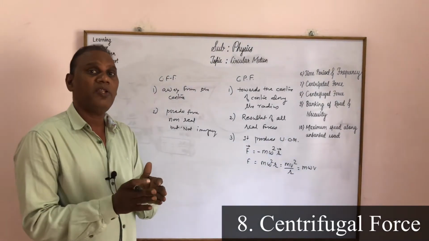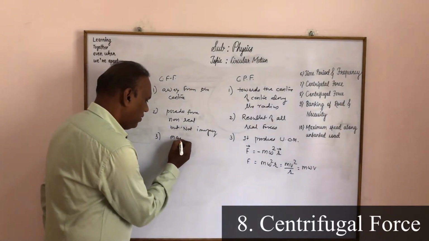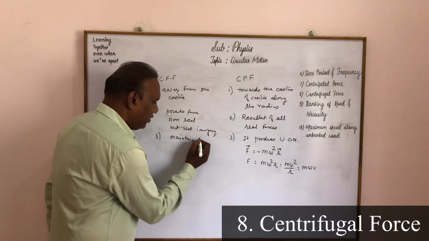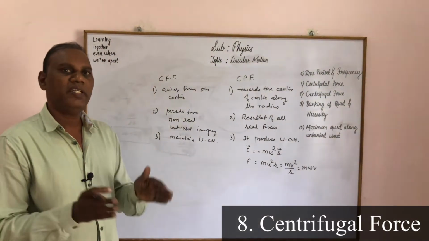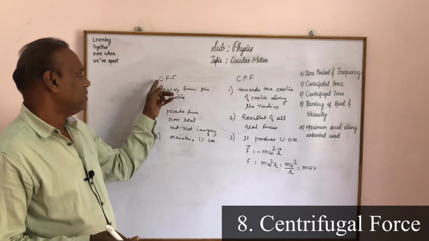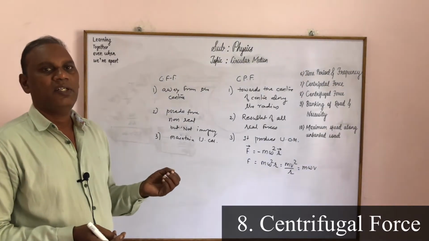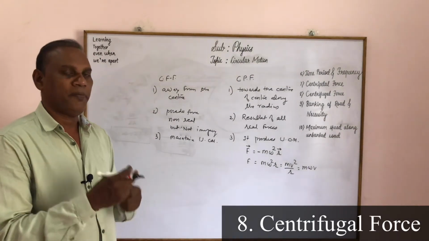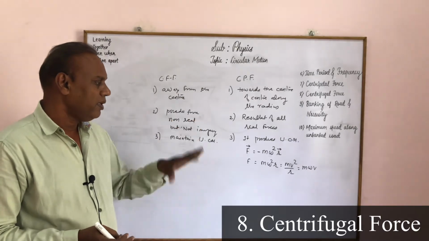It maintains UCM. For maintenance of circular motion, there is a need to explain a force which is called centrifugal force, and this arises due to an accelerated frame of reference.